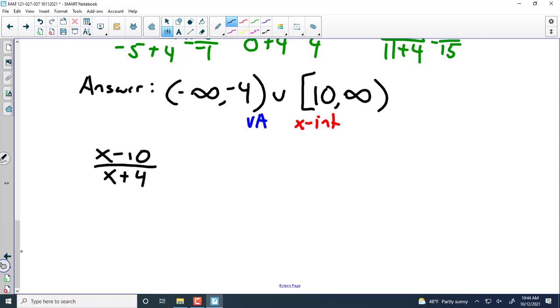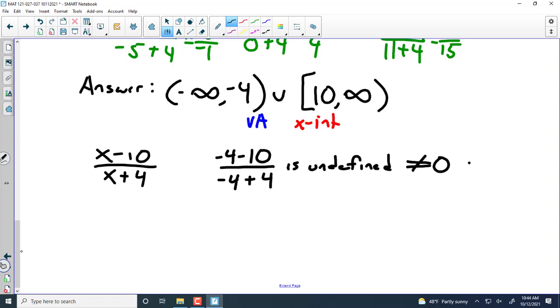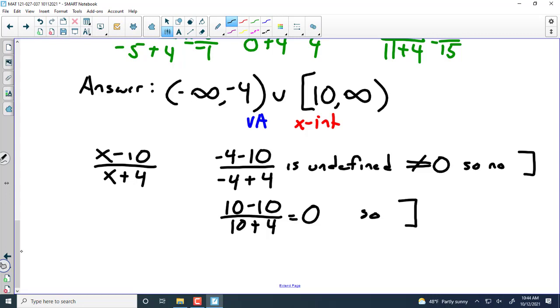So if you put a -4 in there, it's undefined. It's not equal to 0, so no bracket. But if you put a 10 in there, you get 0. So you get a bracket. Does that help? So never, ever, ever use a bracket at a vertical asymptote.